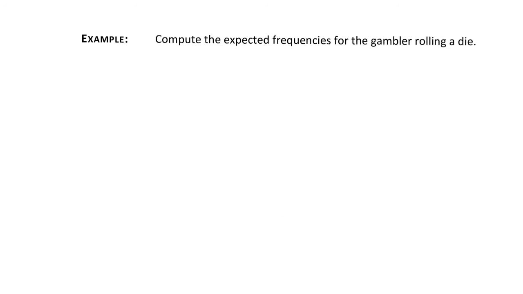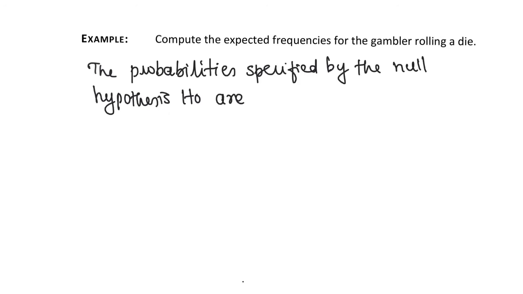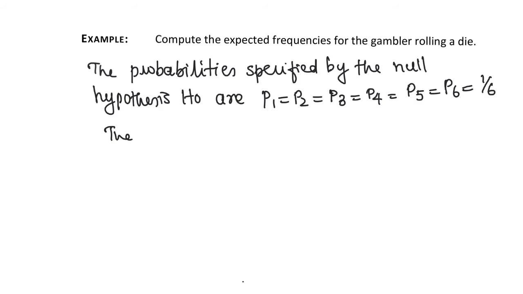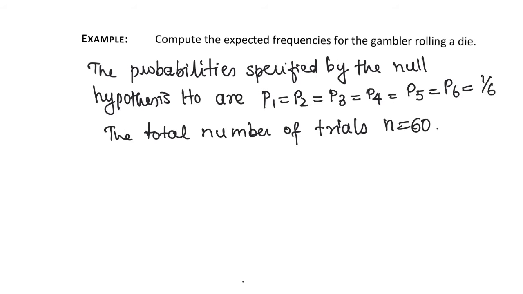Now let's look at how to compute the expected frequencies for the gambler rolling a die. The probabilities specified by the null hypothesis are all 1/6, and the total number of trials is n equals 60.